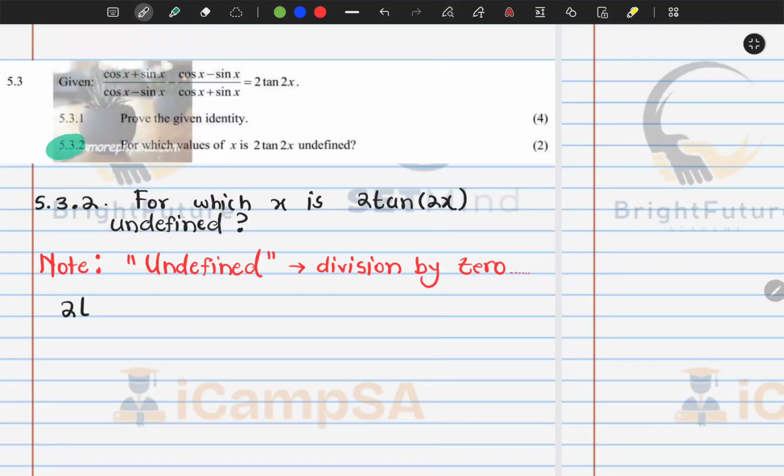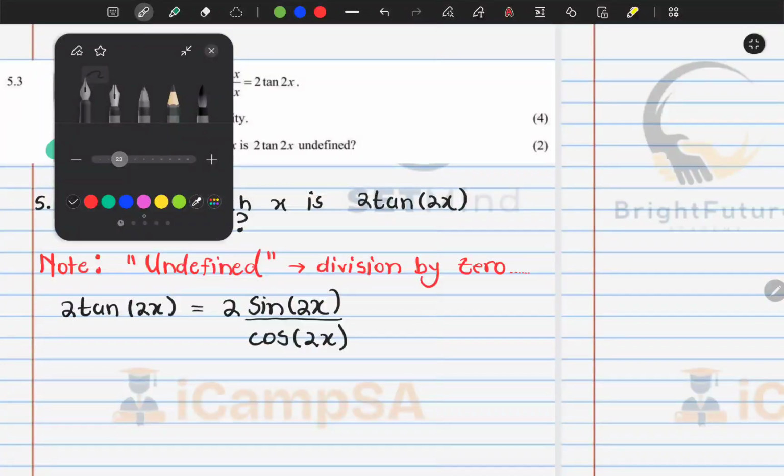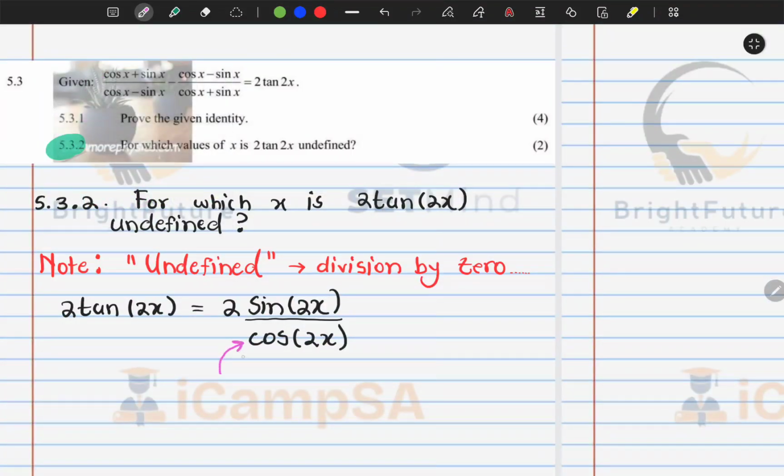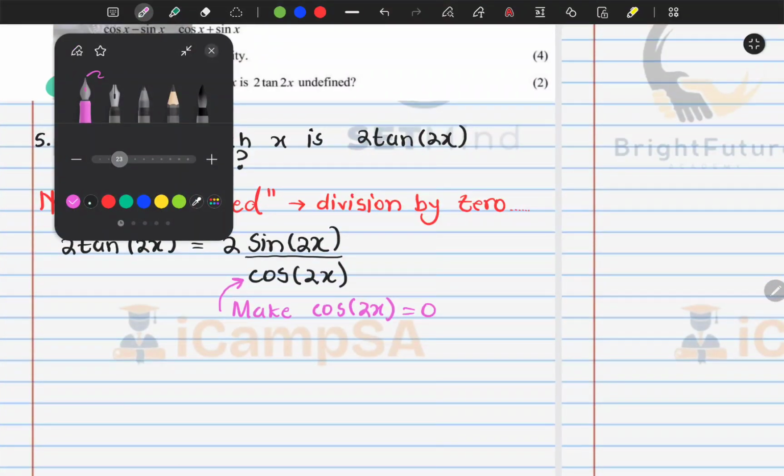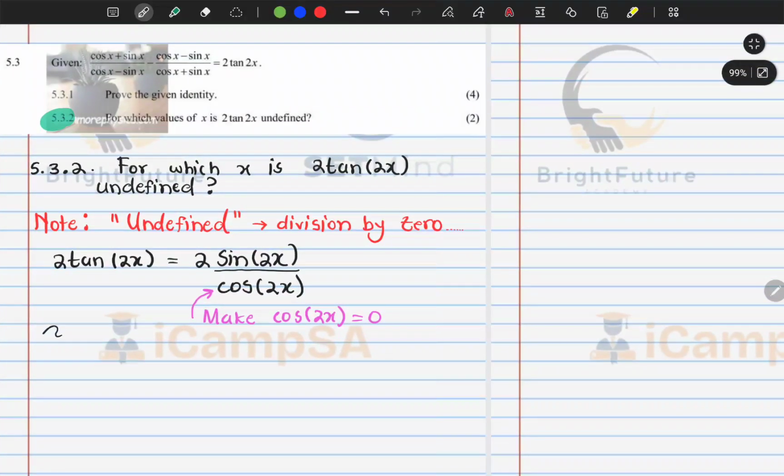If you look carefully, we have 2 tan of 2x, and this can be written as 2 sine of 2x divided by cos of 2x. So we need to make cos of 2x equal to 0 so that we have division by 0. And this will give us the x values that will make this undefined.